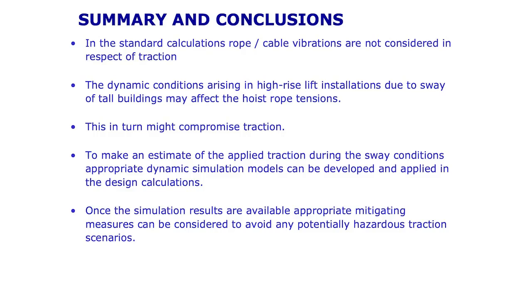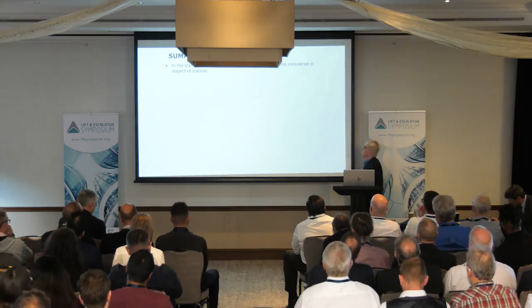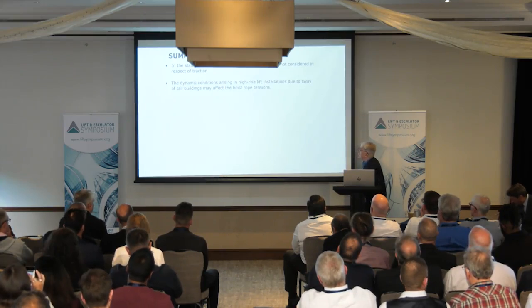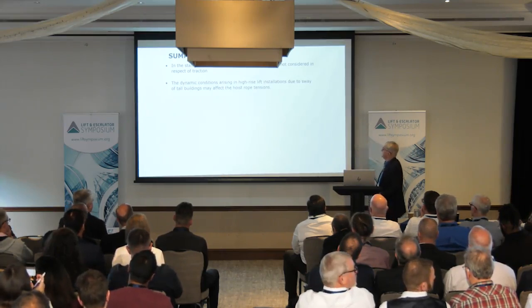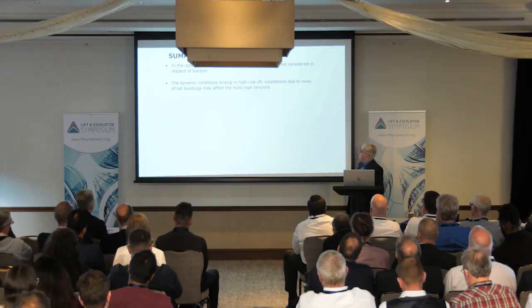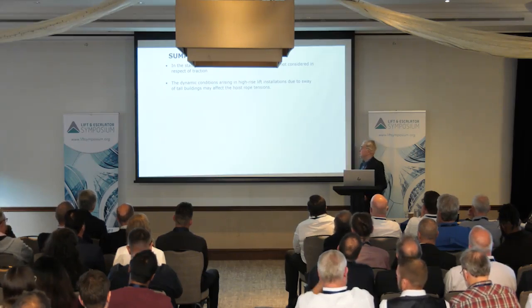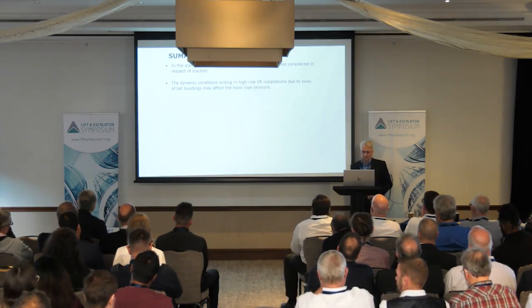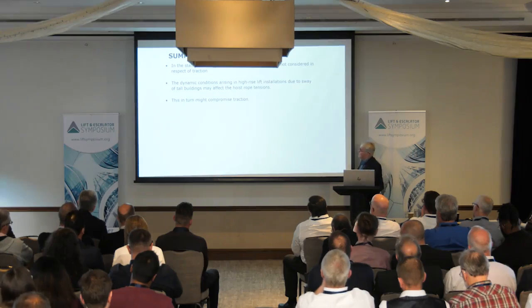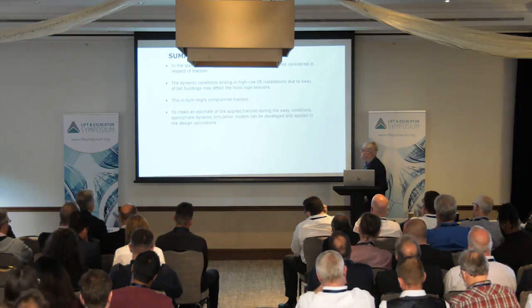So, in summary, in the standard calculations, rope vibrations are not considered in respect of traction. The dynamic conditions which arise in high-rise lift installations due to sway of tall buildings may affect the rope tensions, both in the hoist and compensating system. This in turn might compromise traction.